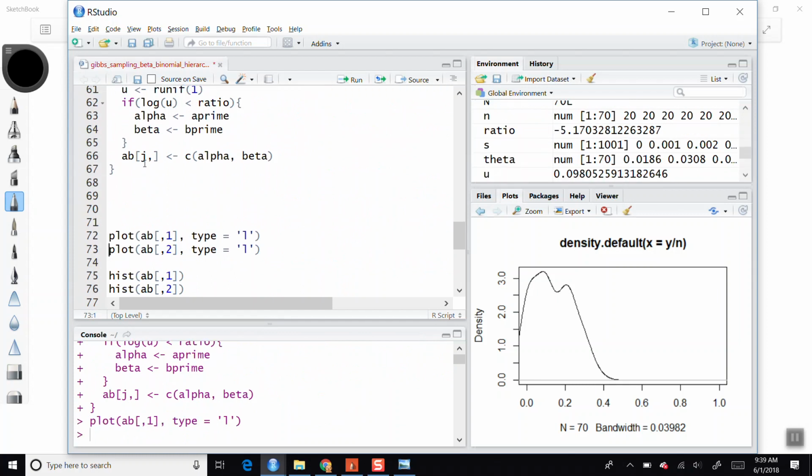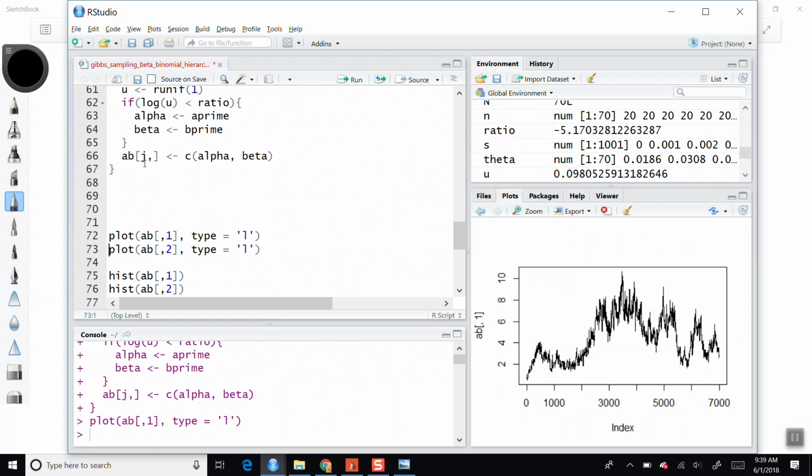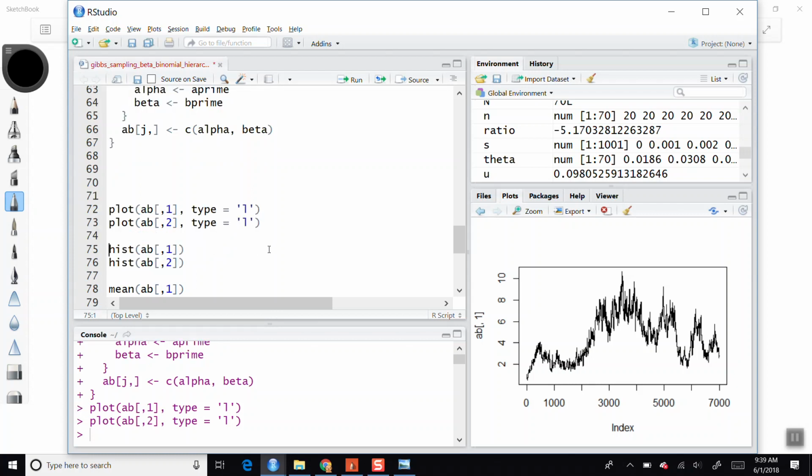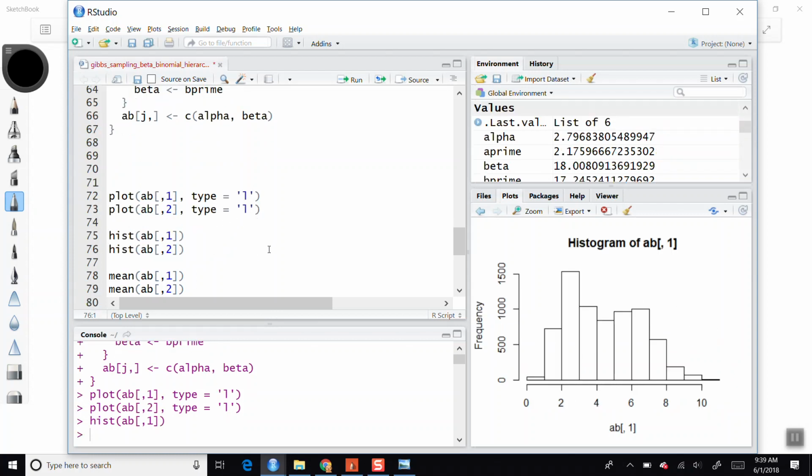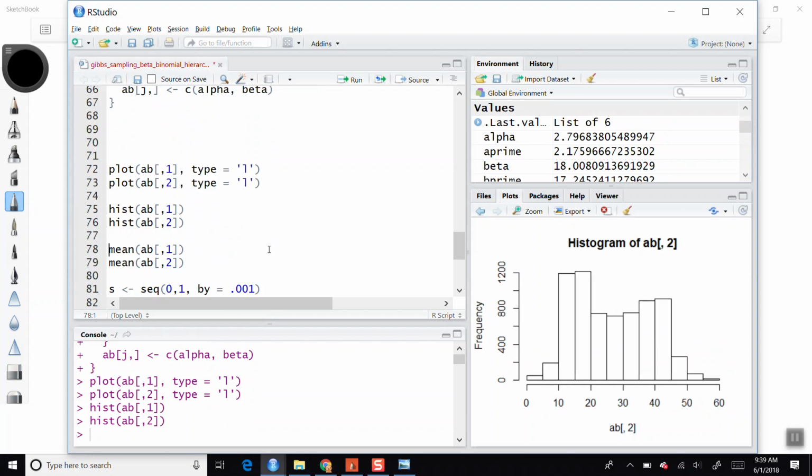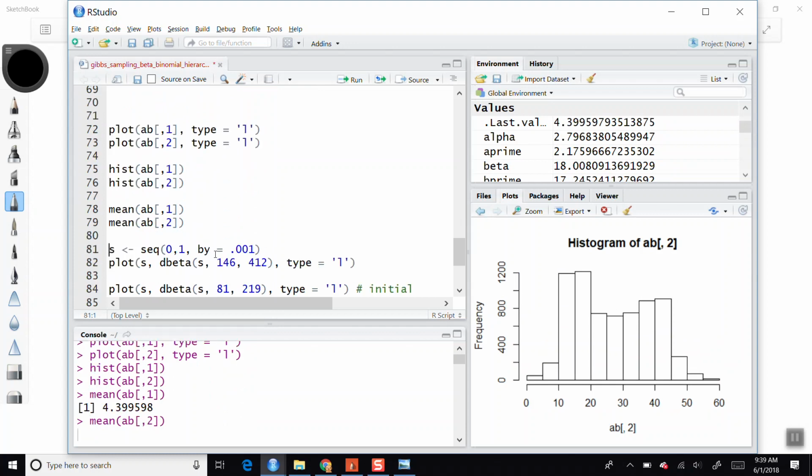It's done here. Let's see what values it finds for alpha and beta, and we can plot what values of alpha and beta we have. So if I do 4.4 and 26.6, these are just point estimates.